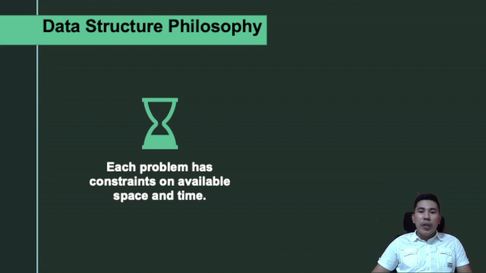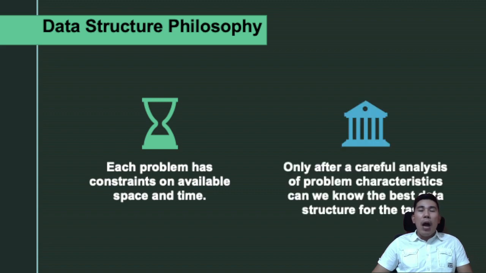The solution to each problem uses basic operations in certain relative proportions, and the data structure selection process must take this into account. Only after carefully analyzing the characteristics of the problem can we determine the best data structure for the task.